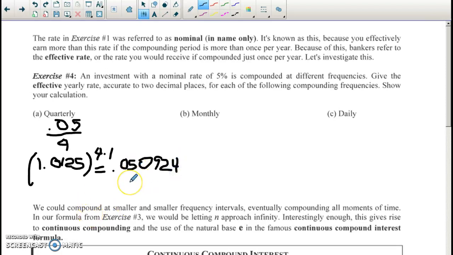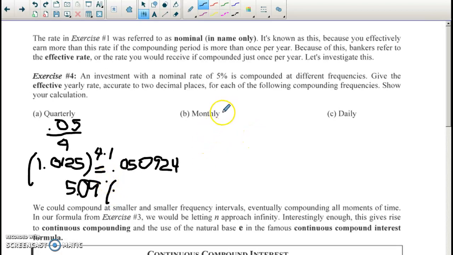So if I want to talk about what percent am I getting over the course of a year, really, with compounding, I'm going to get effectively 5.09% if I compound quarterly. So I actually get more than 5%.